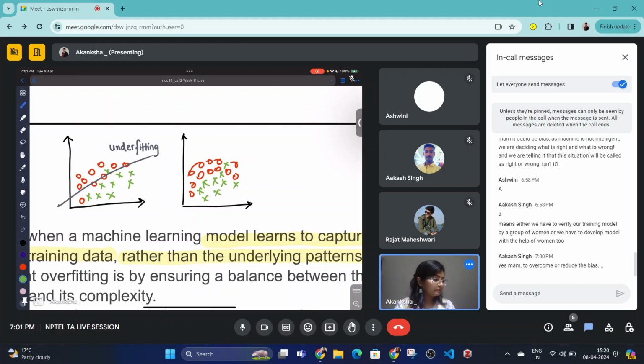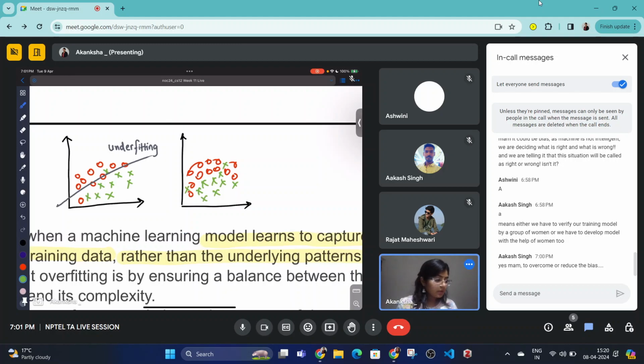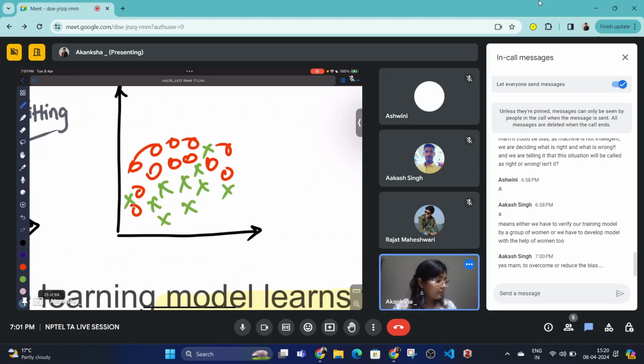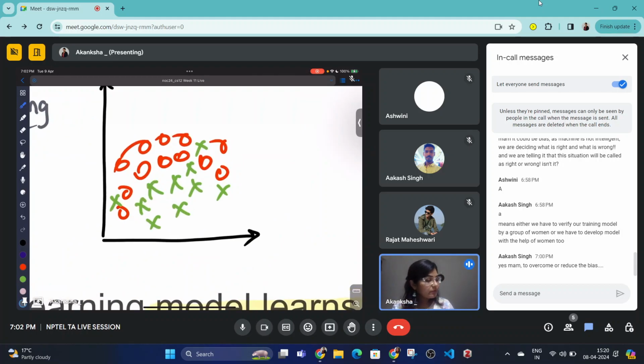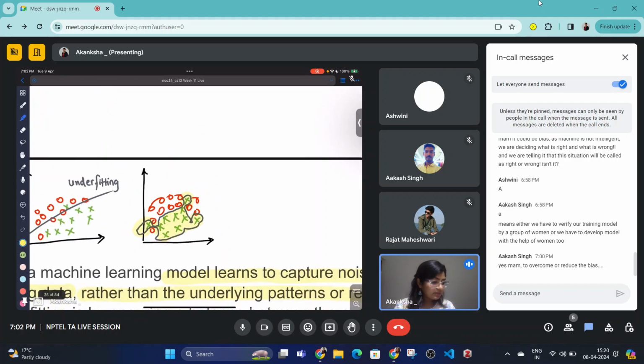Now we want to design a classifier, and what if I design a classifier which separates every green instance separately, something like this? So this is overfitting. Why? Because we are making our model too complex.